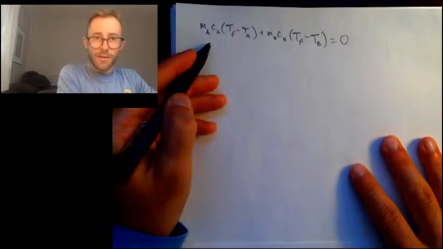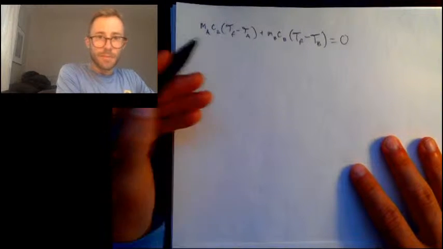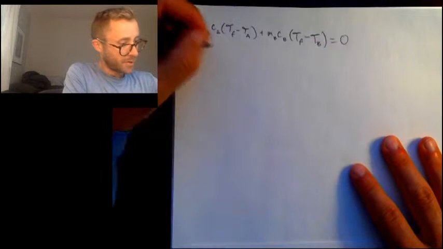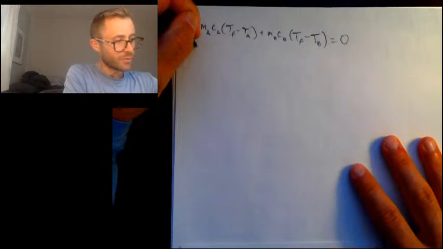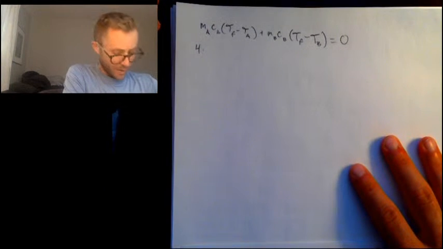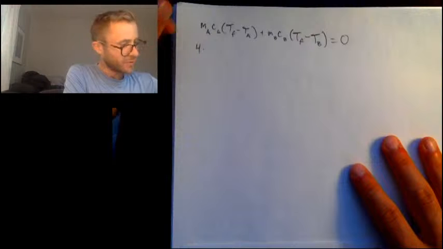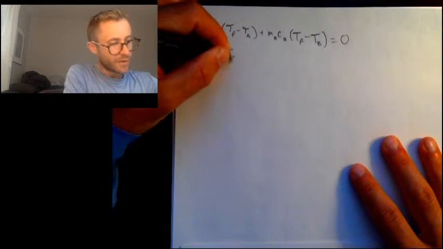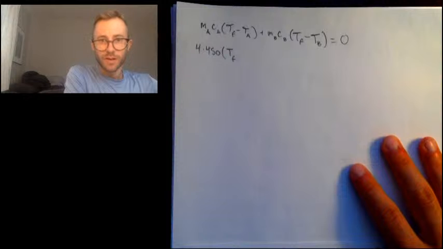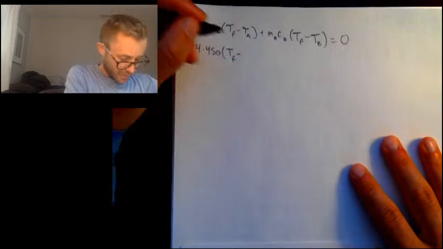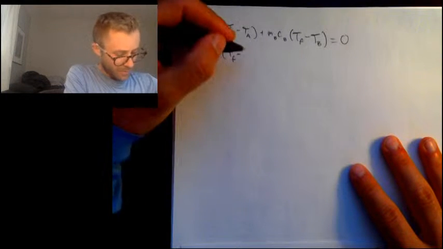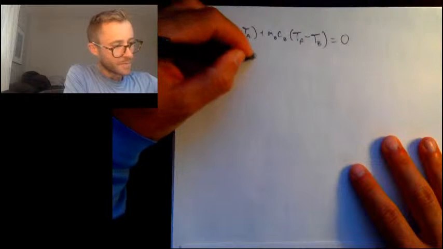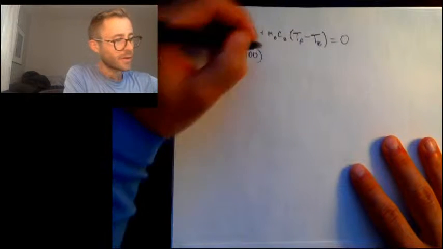So let's let A represent the sword. Okay. So the mass of the sword was 4 kilograms. It was made out of a metal that has a specific heat capacity of 450. The final temperature is unknown, so I leave that as a variable. The initial temperature is 900 Kelvin. Okay.